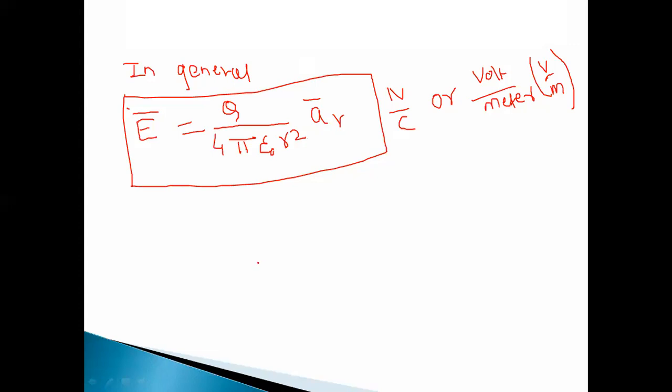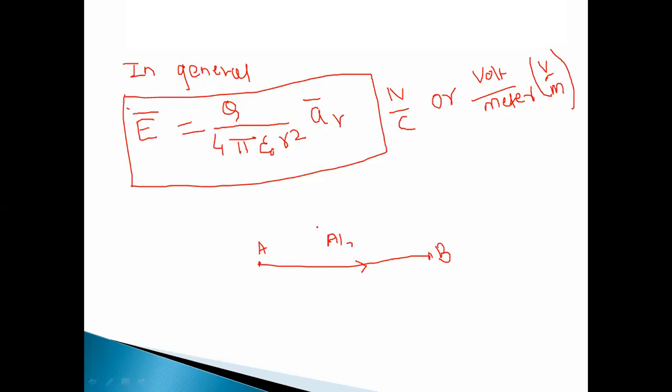Now look at this. Suppose we are considering two points, point A and point B. Suppose this is our one vector, which vector is AB bar.